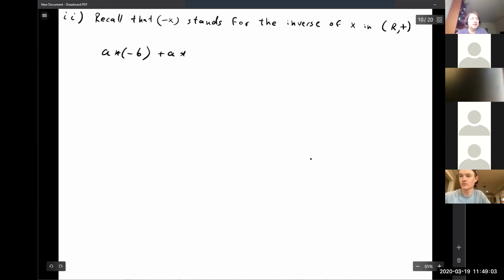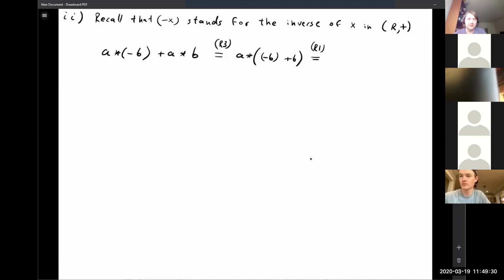Let's look at the following sum: A star minus B and A star B. Again, by the distributive property R3, this is the same as A star minus B plus B. And because R plus is an abelian group, then by R1, or by definition of minus B, if you'd like, this is the same as A star 0, which by the first part equals 0.